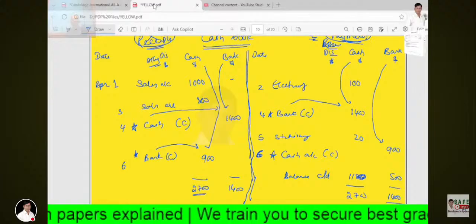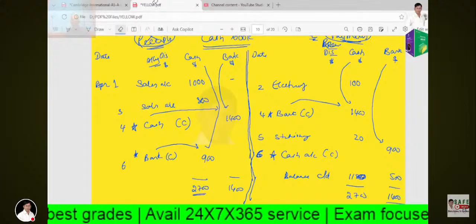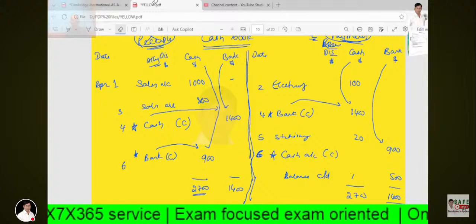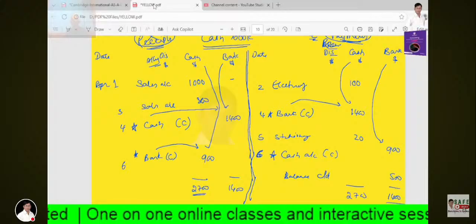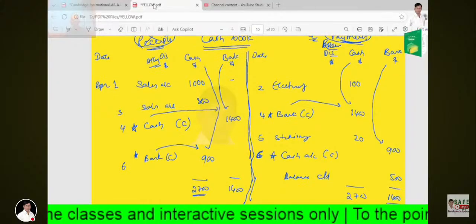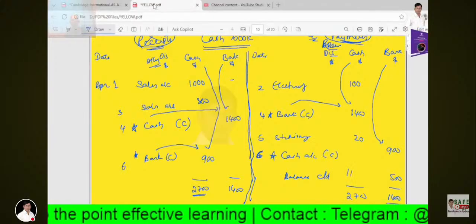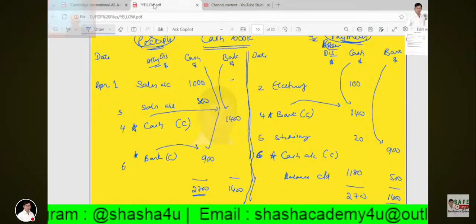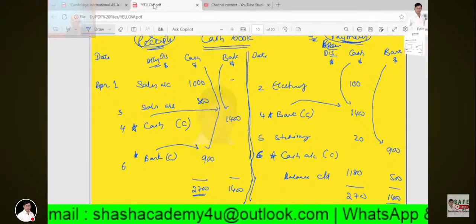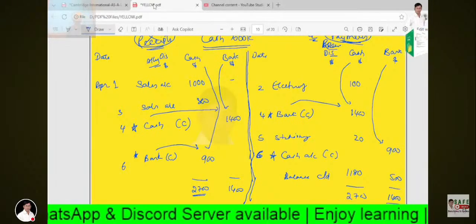Okay, so this is how it is. 1180. If you add all this, it should be 10700. So in other words, when you are balancing, both the sides should be the same.